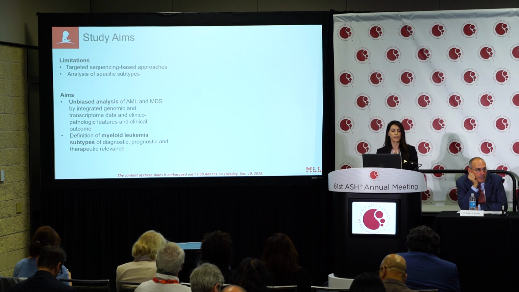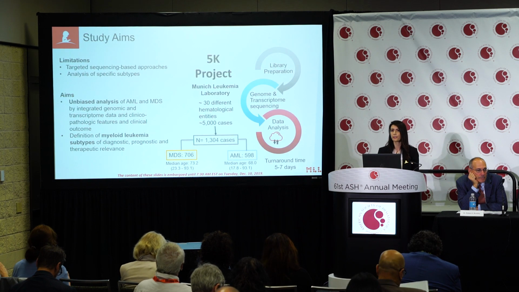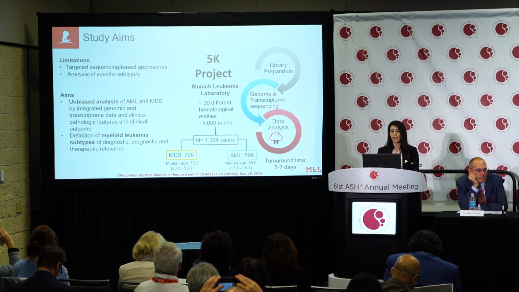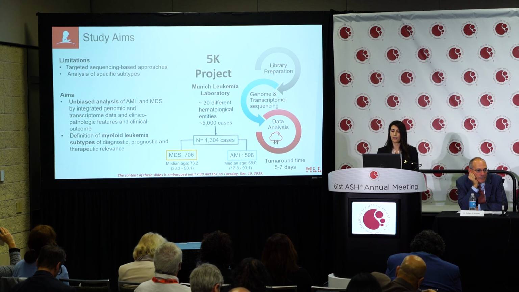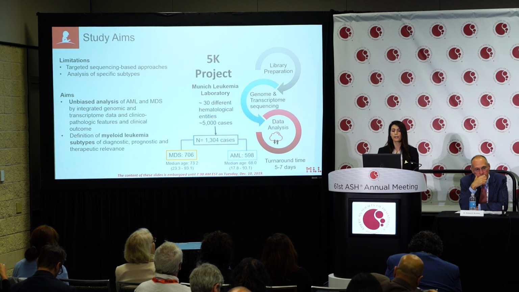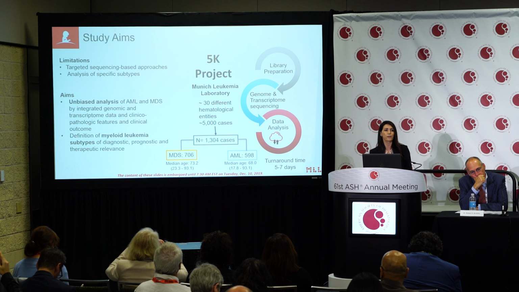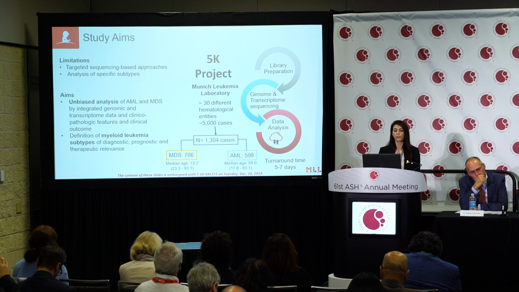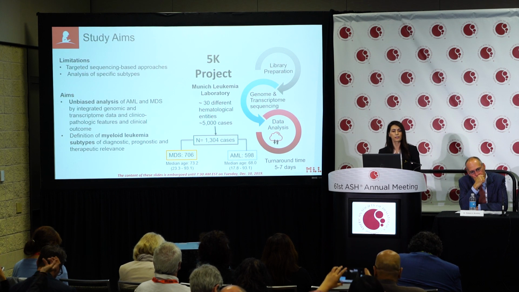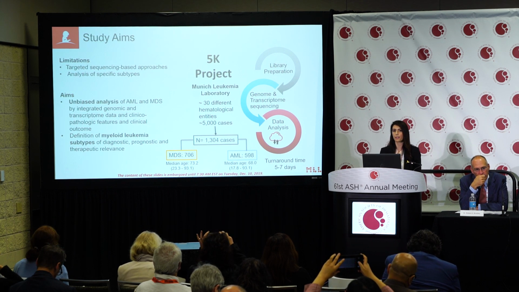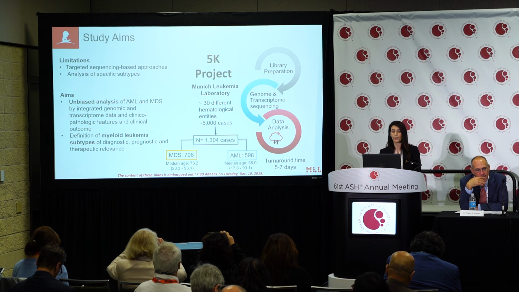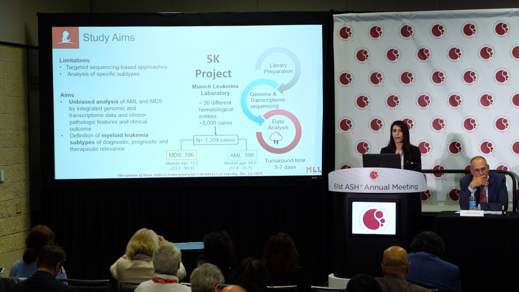Therefore, here we decided to perform an unbiased analysis of both AML and MDS. We analyze around 700 MDS and around 600 AML by integrated genomic and transcriptome analysis and by correlation with the clinical pathological features and the clinical outcome, with the final goal to define myeloid leukemia subtypes of diagnostic, prognostic, and therapeutic relevance.